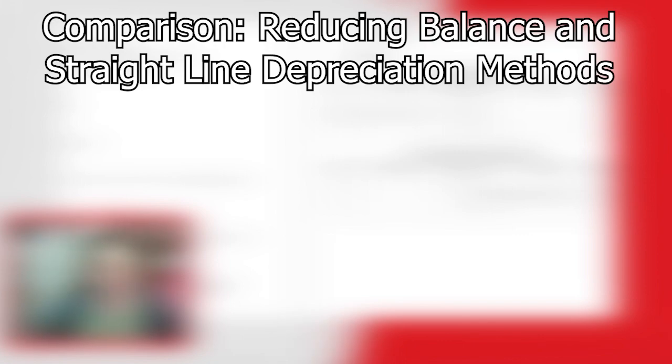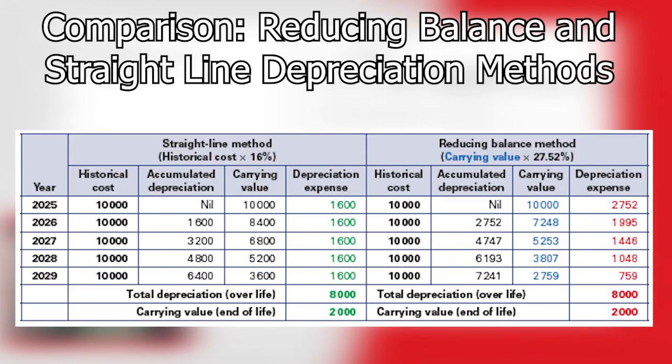And if you want to do a comparison, I think the best way to compare is there is a graph on screen now which demonstrates, hey, early on, with reducing balance, the amount of depreciation is a lot more, but as the years go on, we can see that it becomes cheaper than straight line.